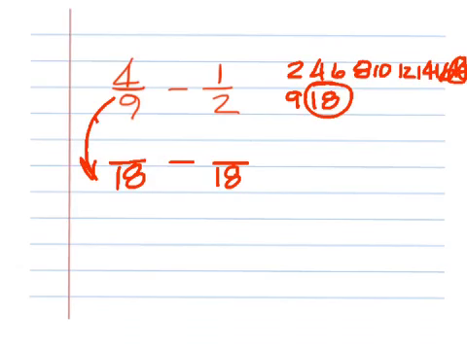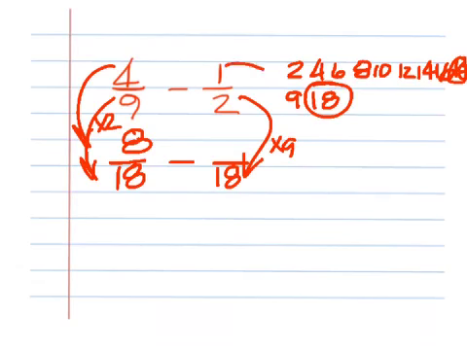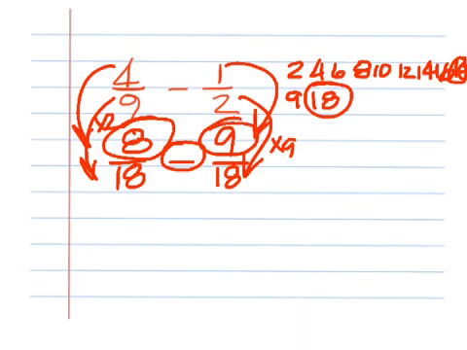You have to multiply 9 by 2 to get that, so 4 times 2 is 8. And 2 times 9 is 18, so 1 times 9 is 9. 8 minus 9 is negative 1 over 18.